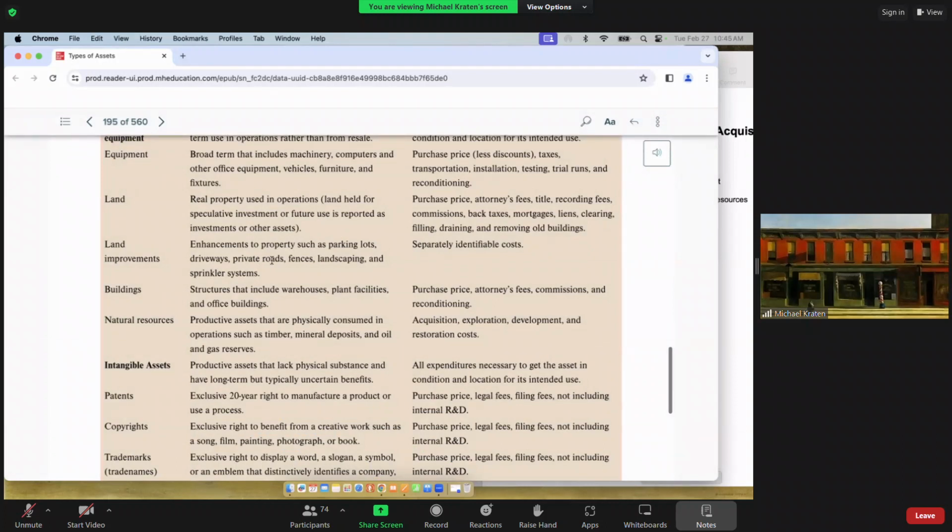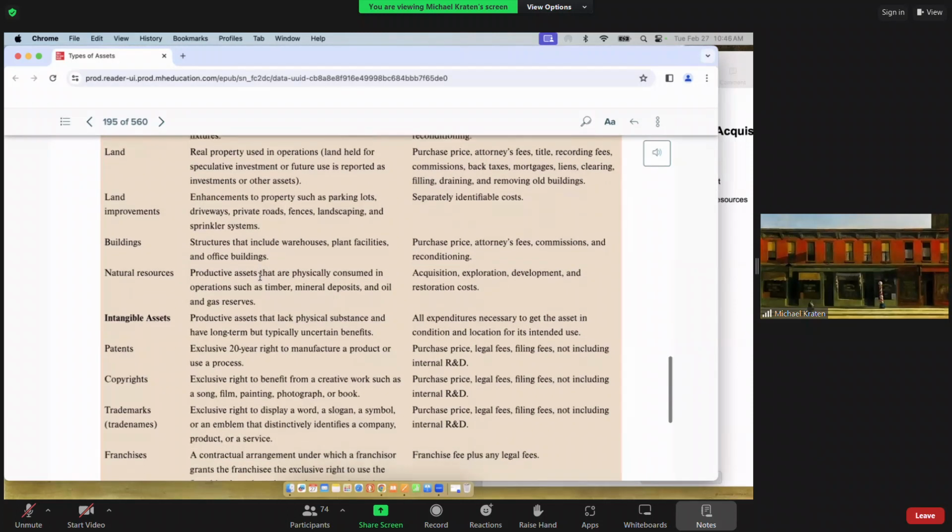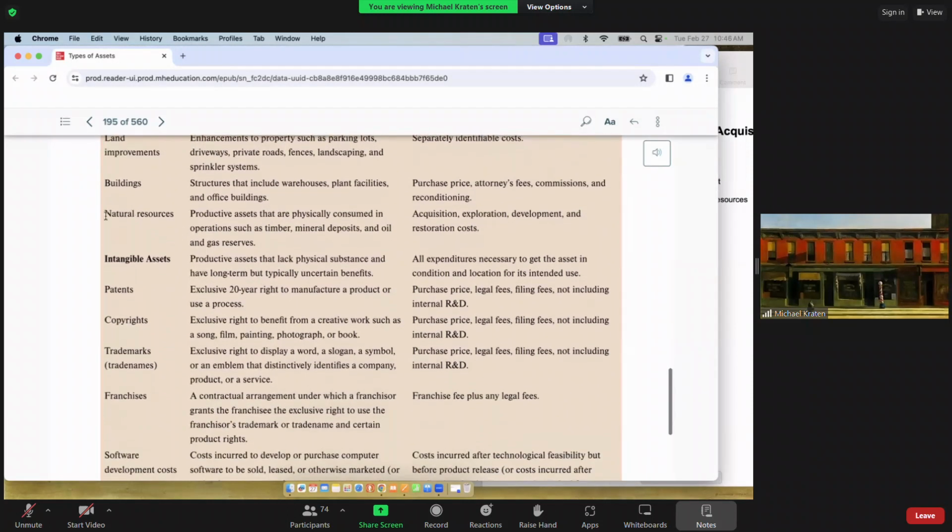Well, pavement, parking lots, driveways, roads, etc., is classified as a land improvement. Fences, landscaping, and sprinkler systems, also land improvement. We don't call them land. We don't call them equipment. We call them land improvement. Buildings are what you think they would be.